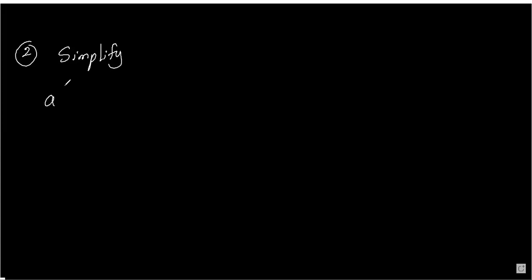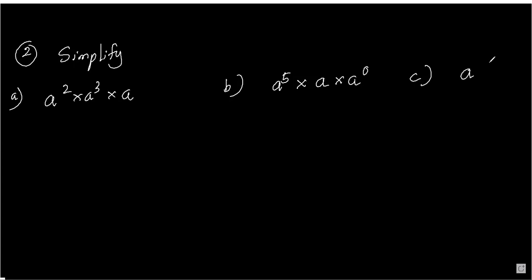A to the power 2 into a to the power 3 into a. First one. B. A to the power 5 into a to the power 0. C. A to the power 2 into 3. Then here we can write a to the power 2 plus 3 plus 1. 2 and 3, 5, and 1, 6.